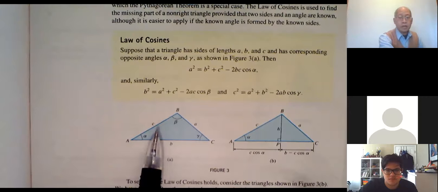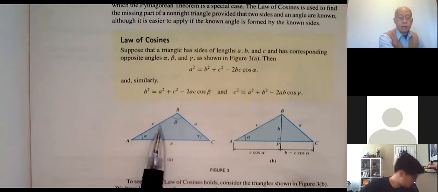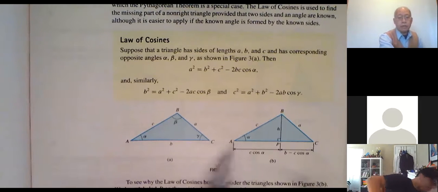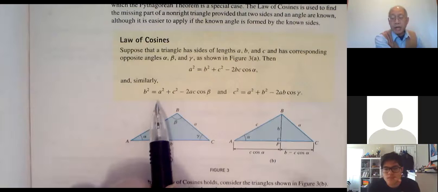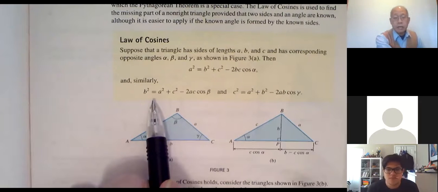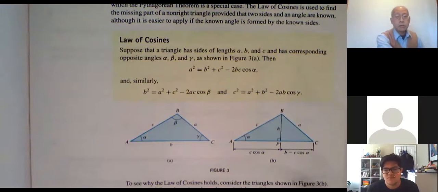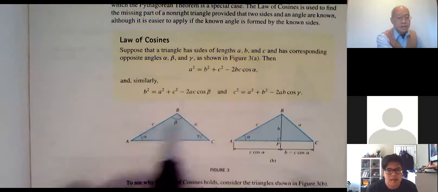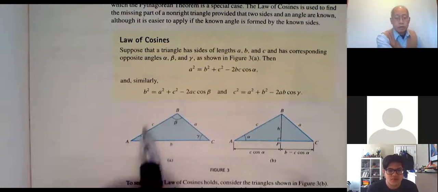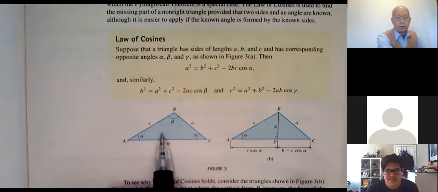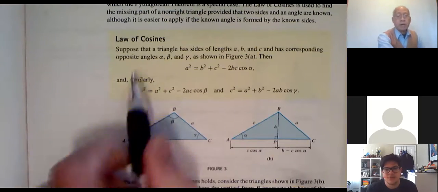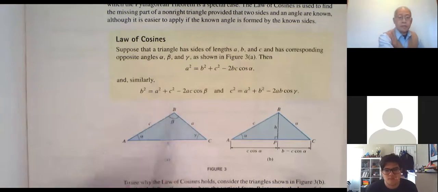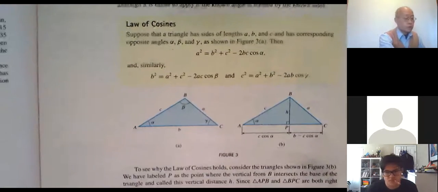Now, the SOHCAHTOA rules that we had before, sine is opposite over hypotenuse, cosine is adjacent over hypotenuse, tangent is opposite over adjacent, only work for right triangles. But we can use the law of cosines or the law of sines for any triangle.